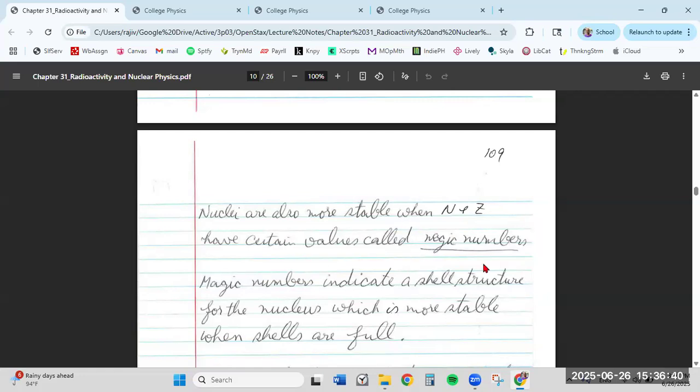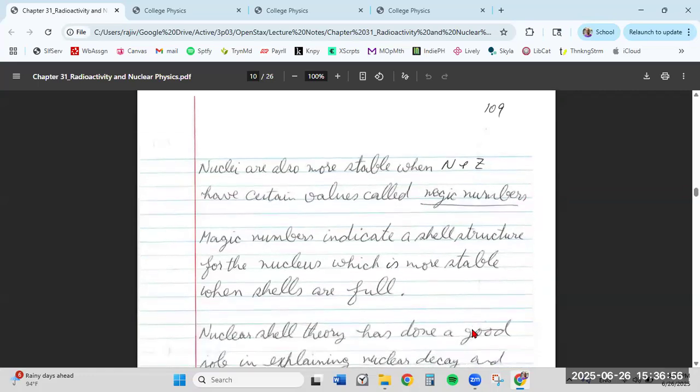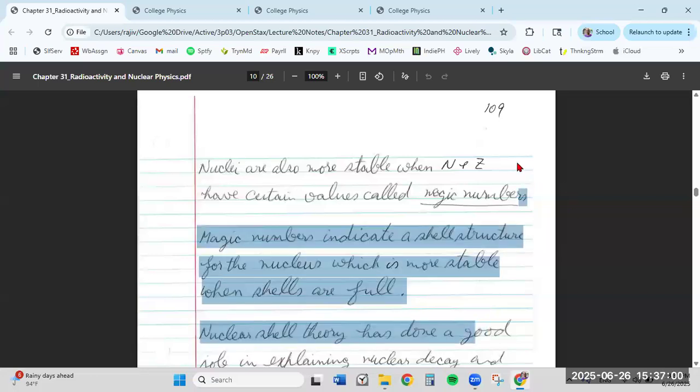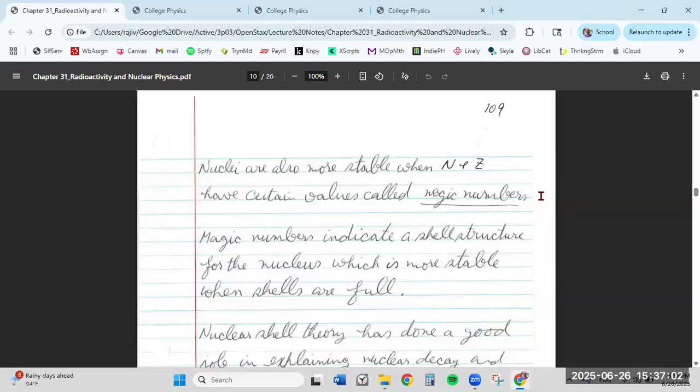Similarly, magic numbers in the nuclei correspond to stability of a shell-like structure inside the nucleus. The existence of magic numbers indicates that.